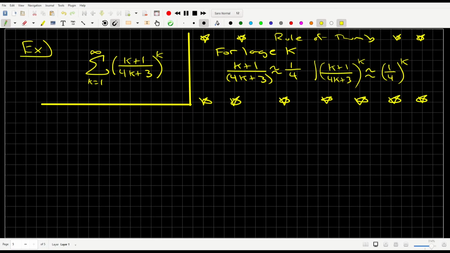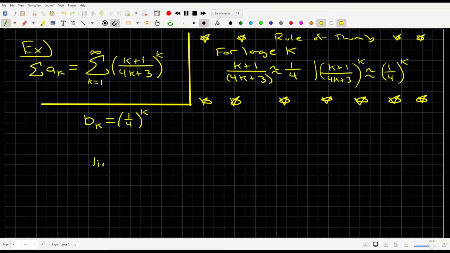So the sum of 1/4 to the k is going to converge to 1 over 1 minus r times r, because we're starting here at k equals 1. Because of this, we expect that this series is going to converge, and we're going to try and use this as our comparison function. So remember, this infinite series is the sum of aks. This is the more complicated series, and we're going to compare this to the infinite series of bks, where bk is 1/4 to the k.